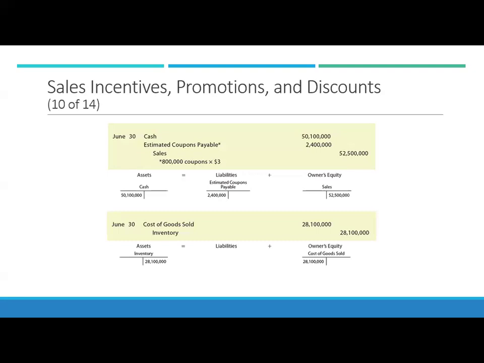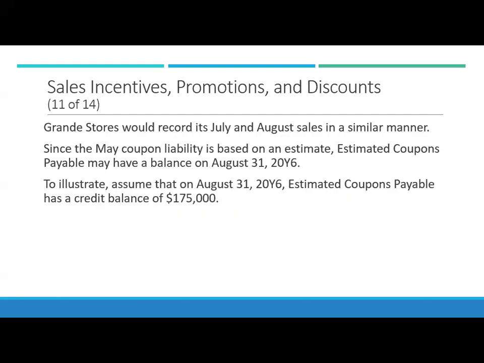In May, it reduced by 2.4 million. Other random transactions happened in June and July and August. And now it's August 31st. And the balance as of August 31st is 175,000 on the unadjusted trial balance.